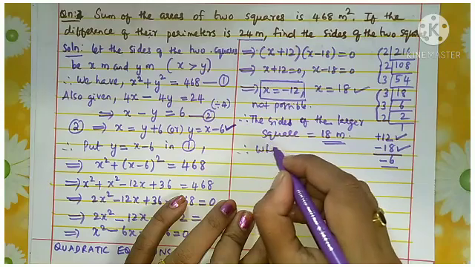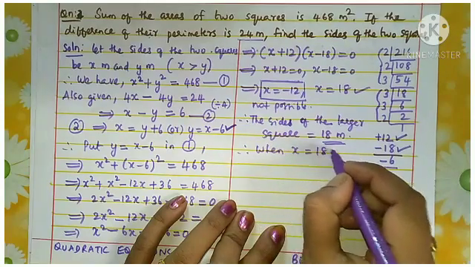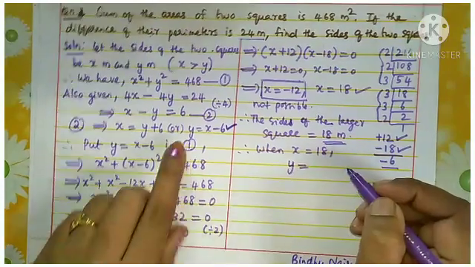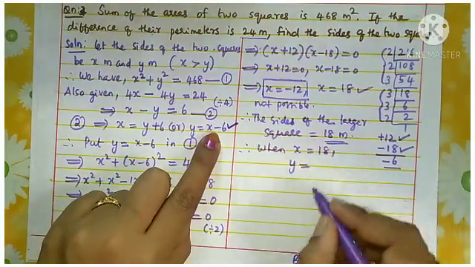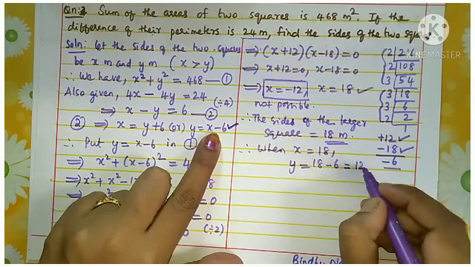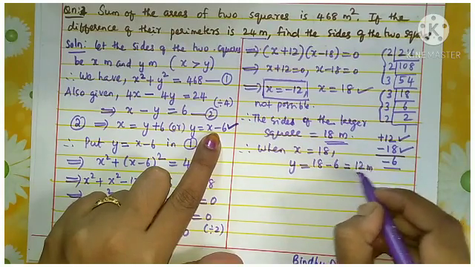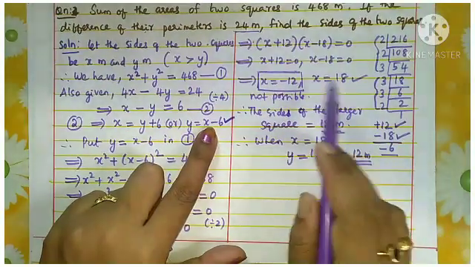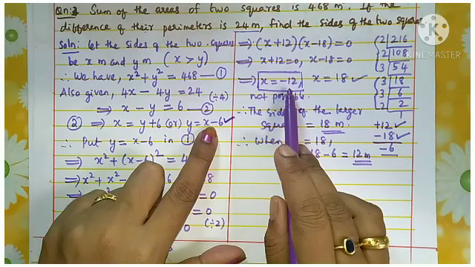Therefore when x is equal to 18, can you say what is the value of y? y we have taken x minus 6. Okay, so 18 minus 6, that is equal to 12 meters. Understand? So that is the answer. The other answer is not possible.